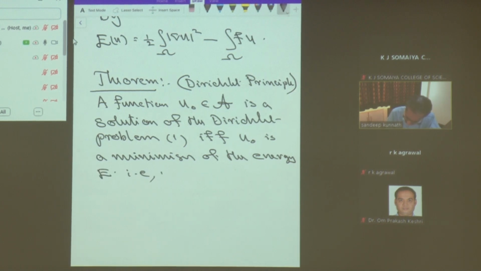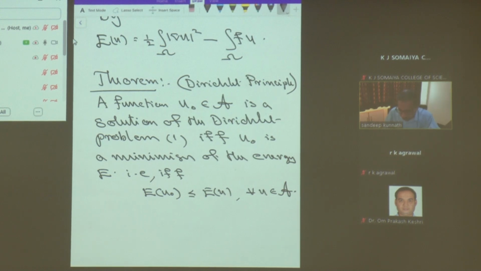That is, if and only if E of u naught is less than or equal to E of u for all u in A. That means u naught is a solution of that PDE if and only if it minimizes the energy. Okay? So this is the Dirichlet principle.